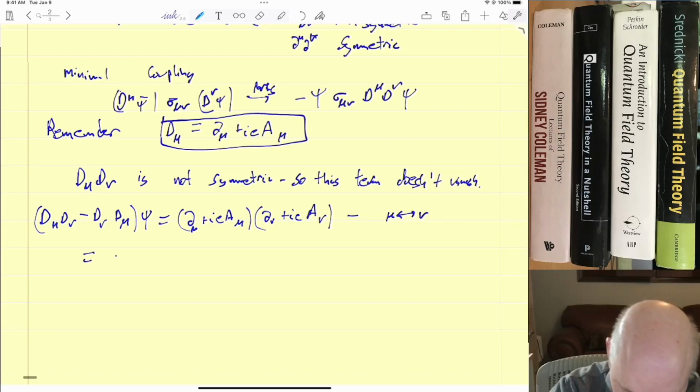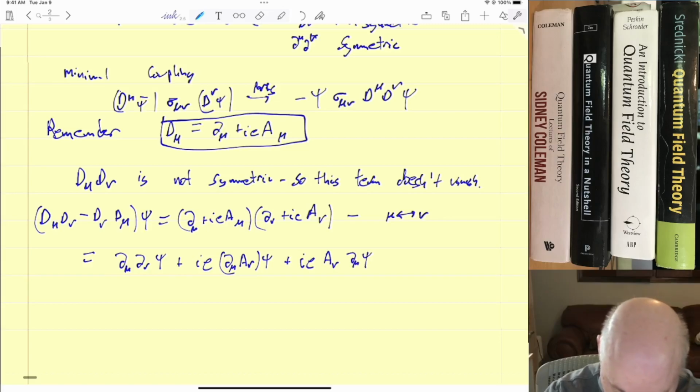So this is going to be equal to the partial of mu, partial of nu psi, plus ie, partial of mu A nu acting on psi, plus ie A nu, the partial of mu psi, plus ie, minus e squared A mu A nu psi, minus mu goes to nu.